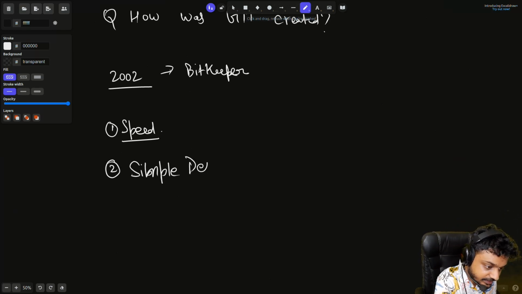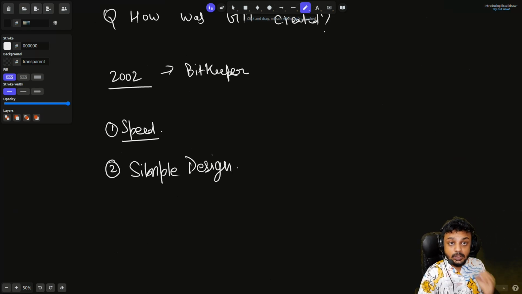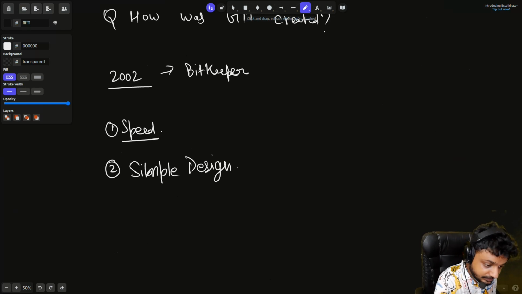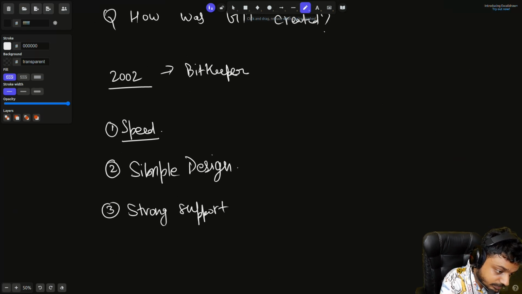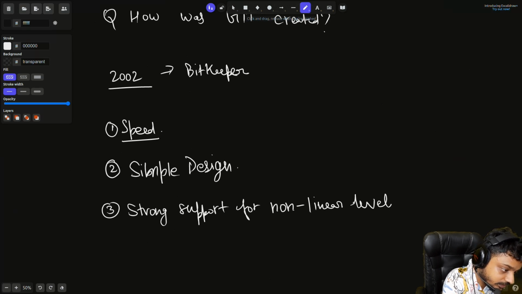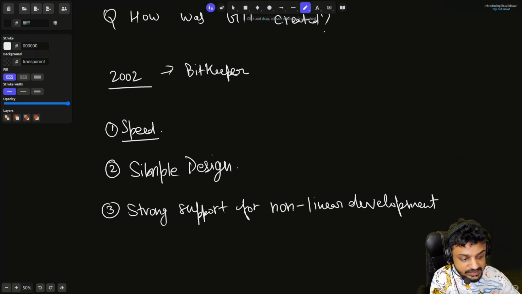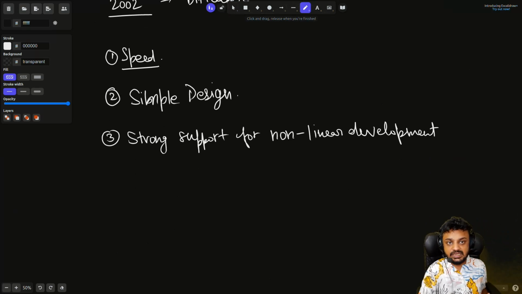So they wanted speed, a simple design, and strong support for non-linear development.